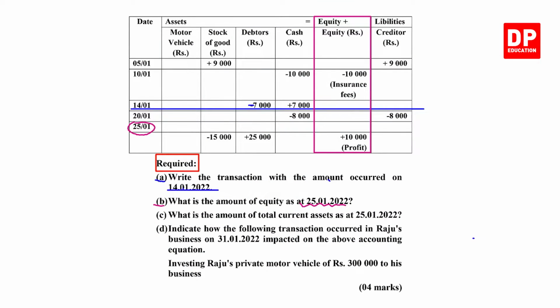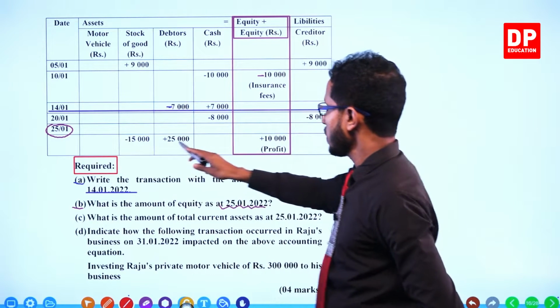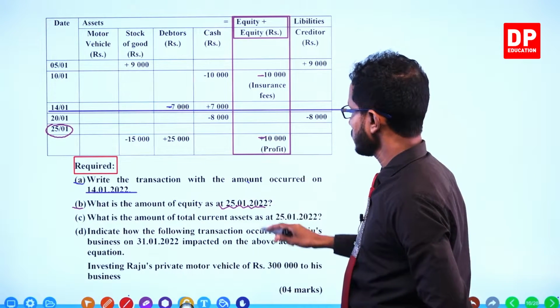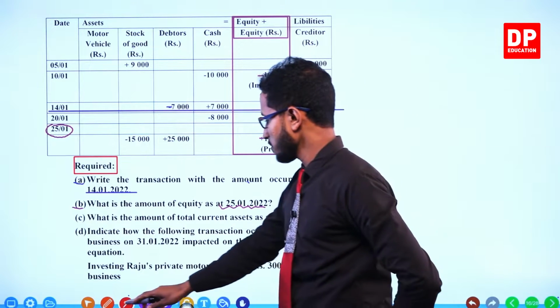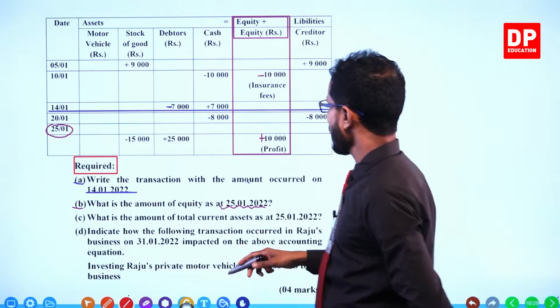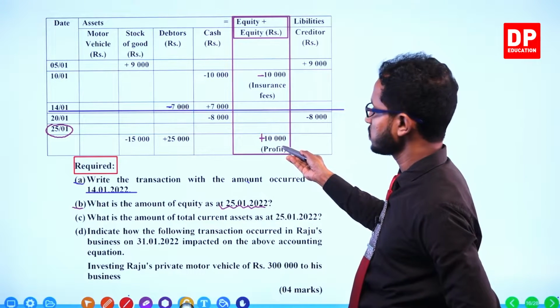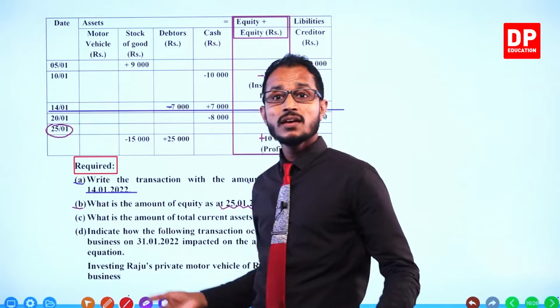The problem is, children, we have equity going down or decreasing by this much on 10th. Again, equity increasing, going up by 10,000 on 25th.